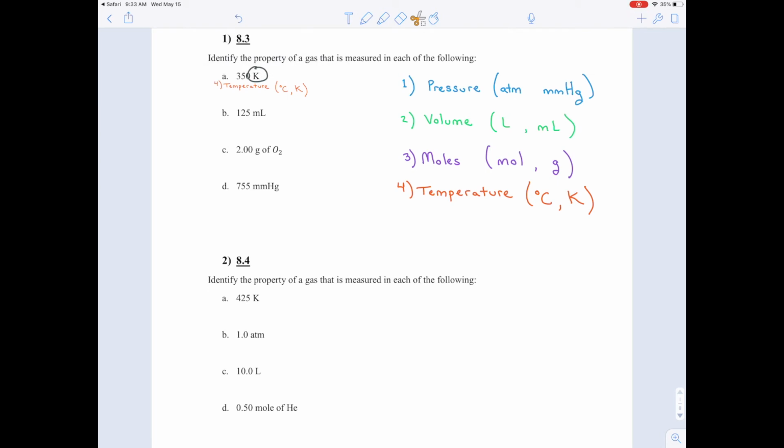That capital K is telling you Kelvin, and so that is temperature. All right, how about B? In B, we see that we're dealing with milliliters, and milliliters is a volume. So the property that B is telling you about is volume.